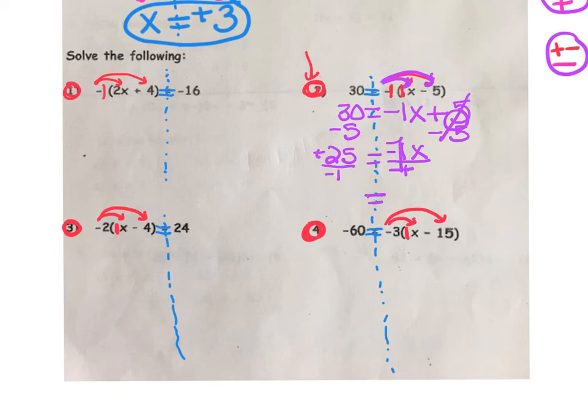X now stands alone, and on this side, we use the Margar rule. A positive divided by a negative gives us a negative 25. Negative 25 equals x.